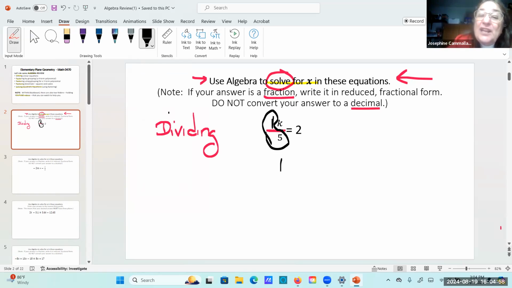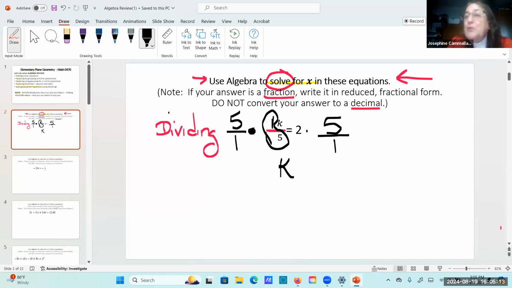We're solving for k, which means we are multiplying by the reciprocal of both sides, which means that I am multiplying by 5. This 5 and this 5 cancel.